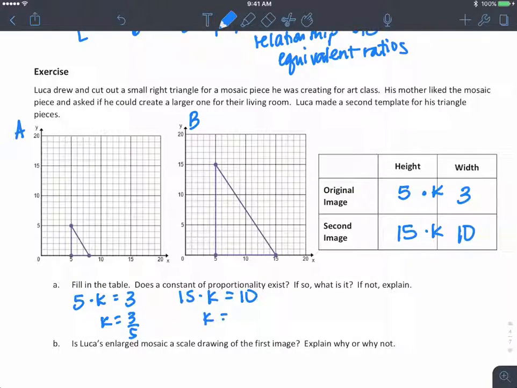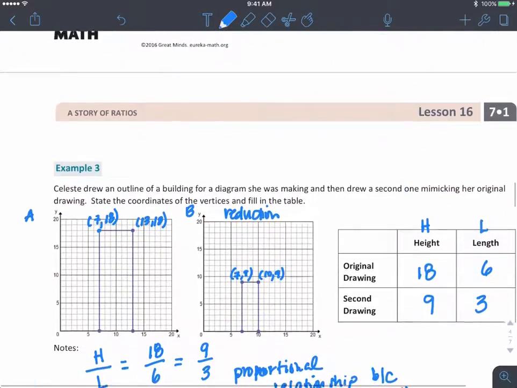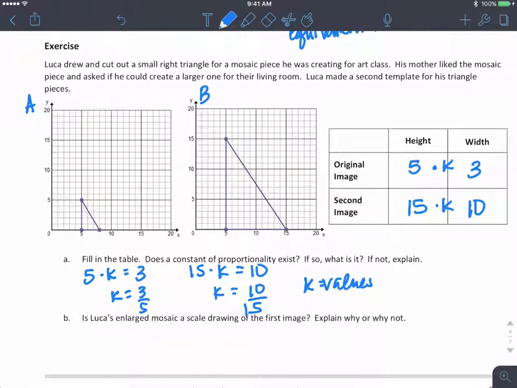K value is equal to 10 over 15. Alright, our k values don't match. Okay, so non-proportional relationship.